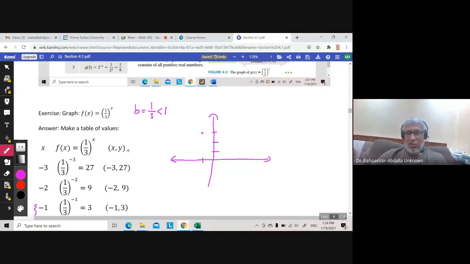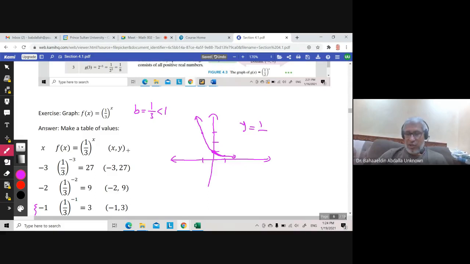At 0, 1 over 3 to the power 0 is 1. At 1, it is 1 over 3. And this is the graph of this function, f of x equals 1 over 3 to the power x.